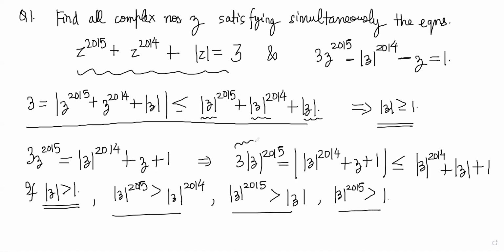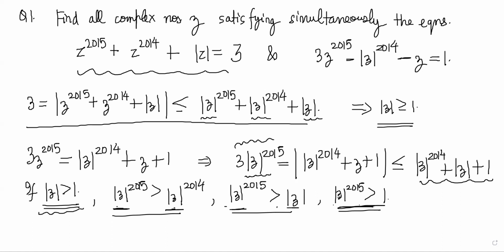On the left hand side, I have 3 times mod z power 2015. And we know if mod z is greater than 1, this inequality is true. This is also true. This is also true. So the sum, 3 times mod z power 2015, will be greater than this plus this plus this, which is actually the right hand side here. But apparently here they are saying it is less than or equal to.